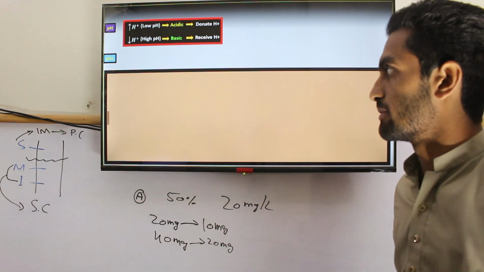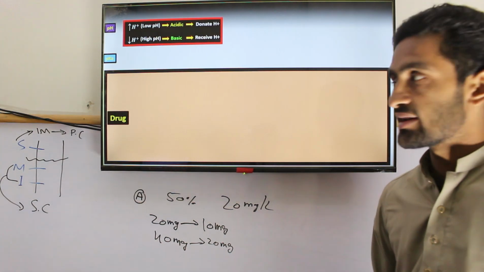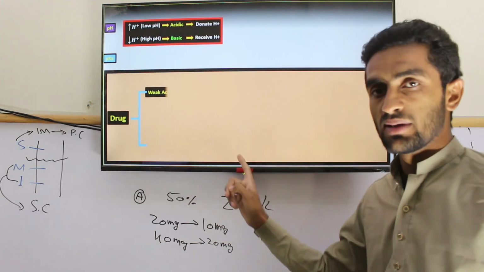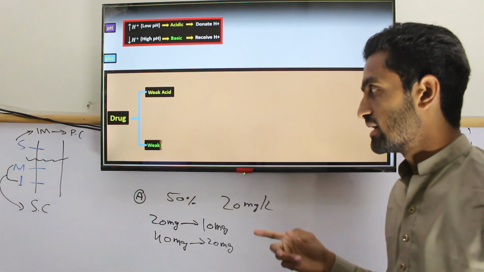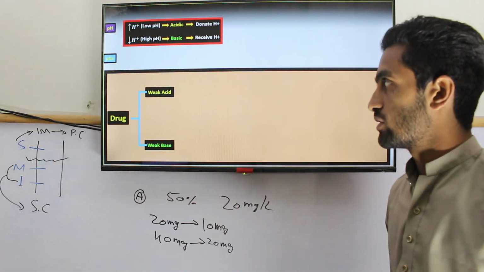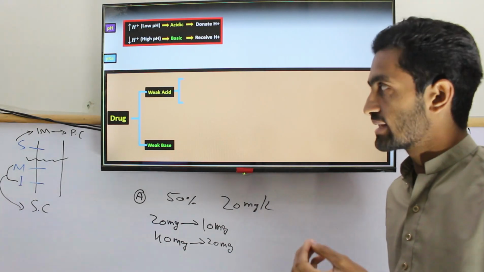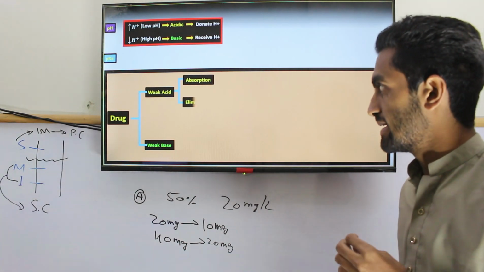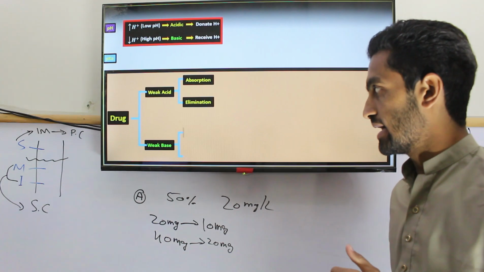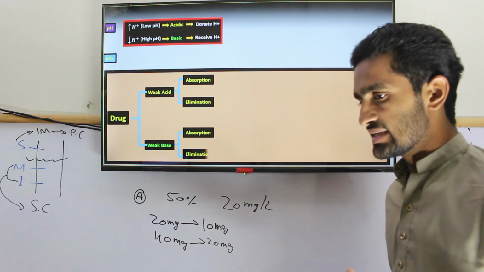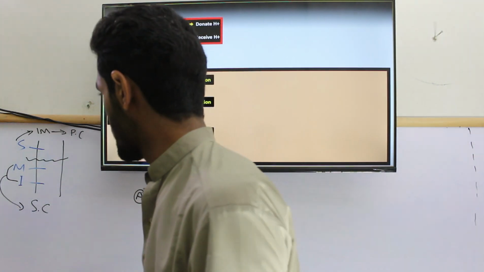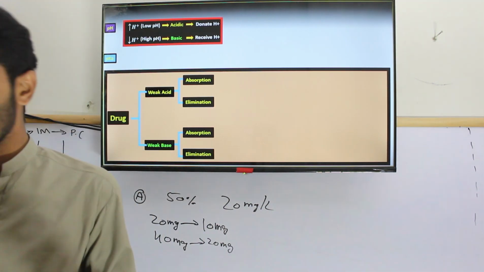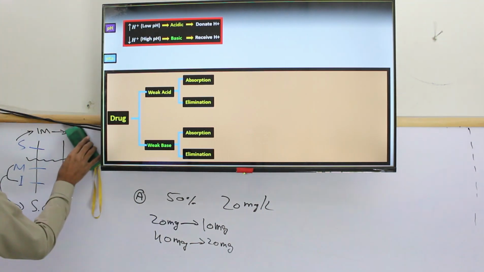With this pH concept, our drug comes in two forms: either a weak acid or a weak base. For both we have to look at absorption and elimination. This is confusing for some students, so I use a simple explanation.